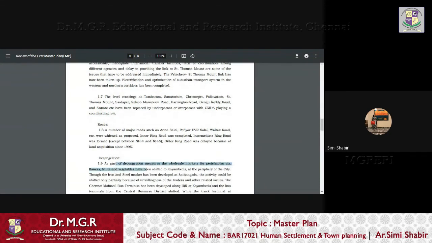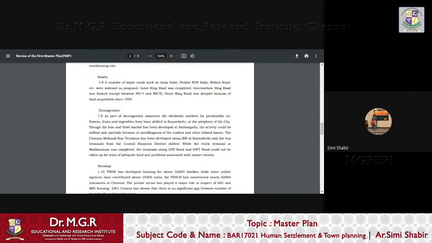Decongestion. As part of decongestion measures, the wholesale markets for perishables, that is, flowers, fruits, and vegetables, were shifted to Koyambedu at the periphery of the city. Though the iron and steel market has been developed at Sathangadu, the activity only could be partially shifted because of the unwillingness of the traders and other related issues. The Chennai Mofussil Bus Terminus, the CMBT, was developed along the inner ring road at Koyambedu, and the bus terminals from the CBD were shifted.